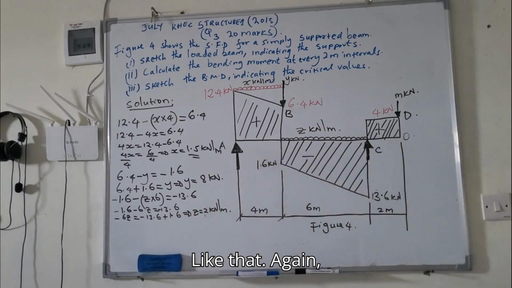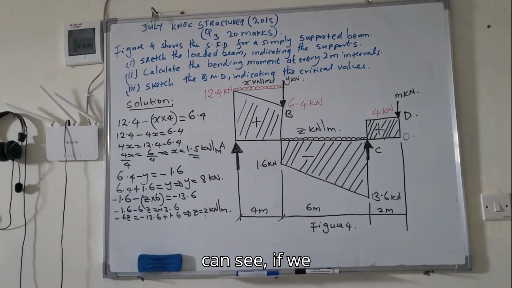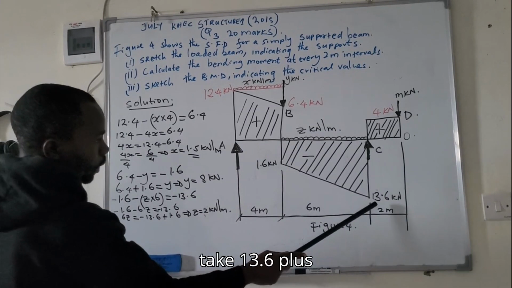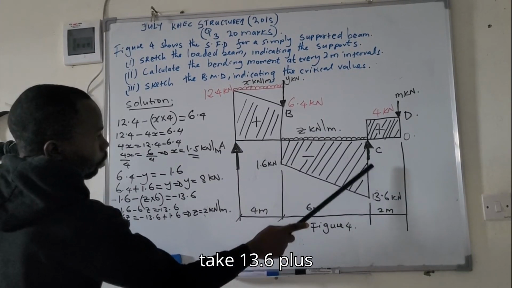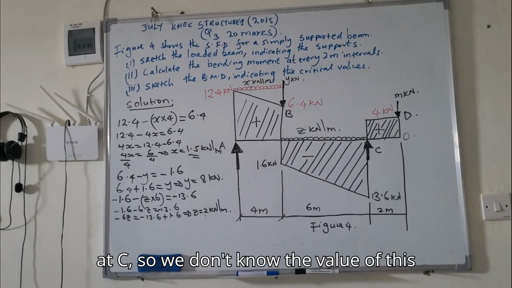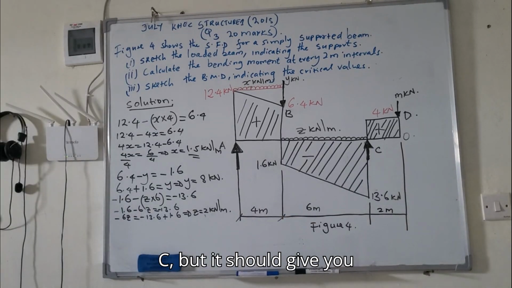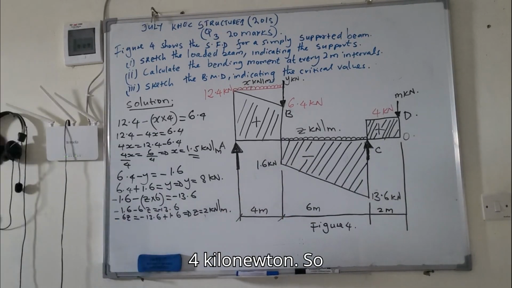Like that. Again, now we are at this point. As you can see, if we take negative 13.6 plus C, which is the reaction at C, we don't know the value of C, but it should give you 4 kilonewton.